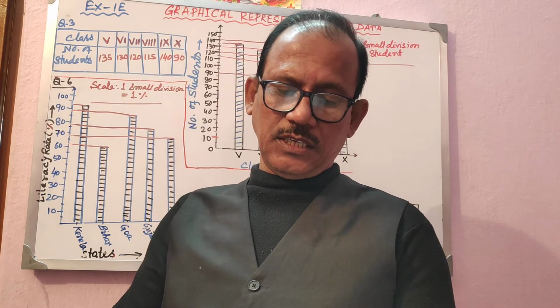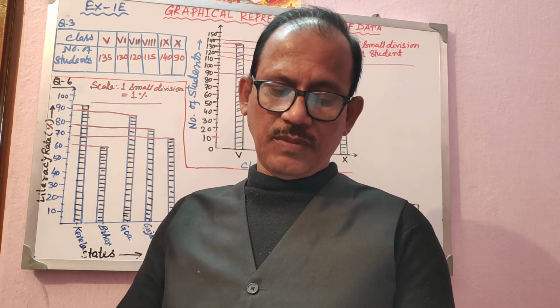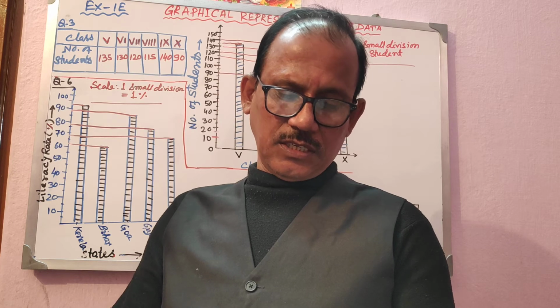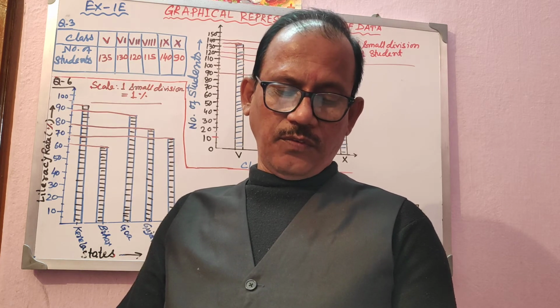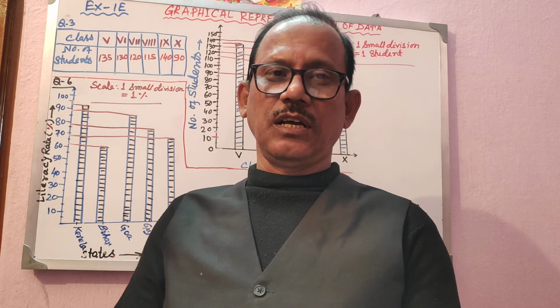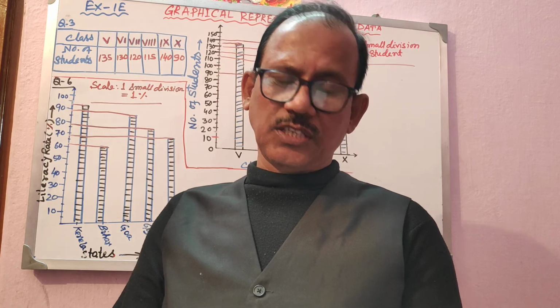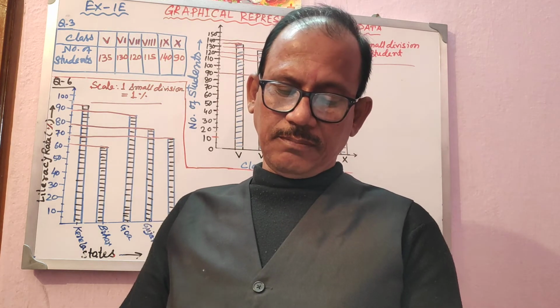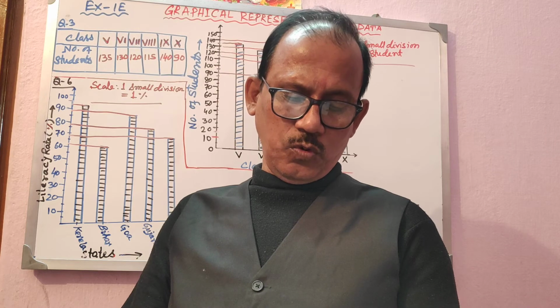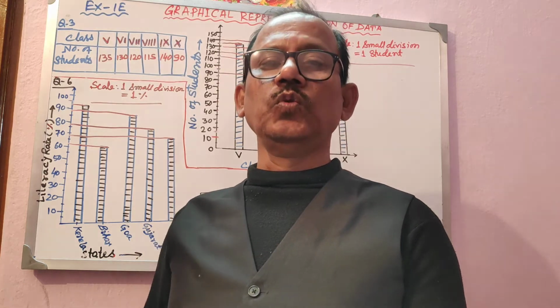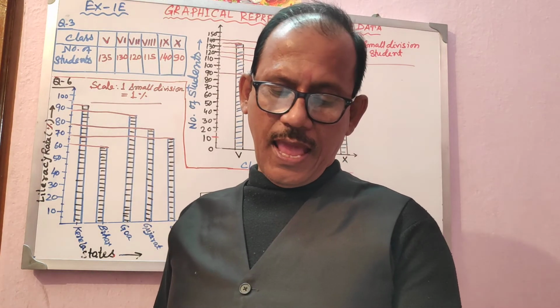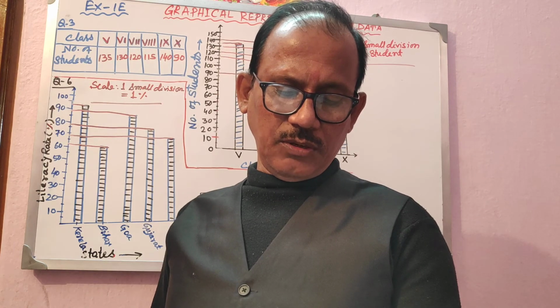Then Gujarat it is 45 into 10,000. Maharashtra it has gone to 35 and one division, means 36 into 10,000. And then Andhra Pradesh it has gone up to 32 into 10,000.